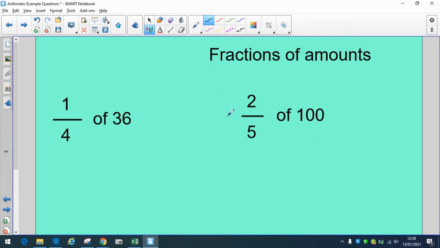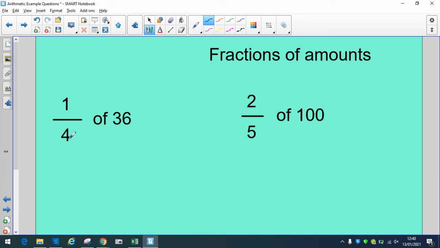And then we might get a question where it refers to fractions of amounts. This is where you are looking at your whole amount and you're trying to find a fraction of it. For example, 1/4 of 36. When you are faced with a question like this, the first thing that you need to do, whether you show it in your working out or in your head, is divide your whole number, 36 in this case, by your denominator.